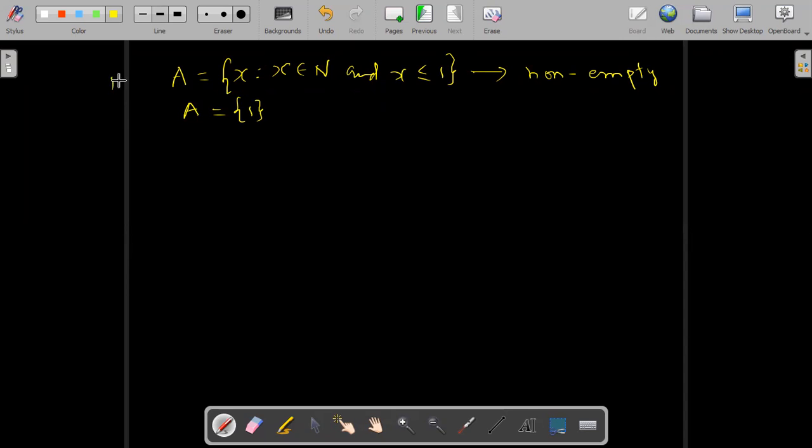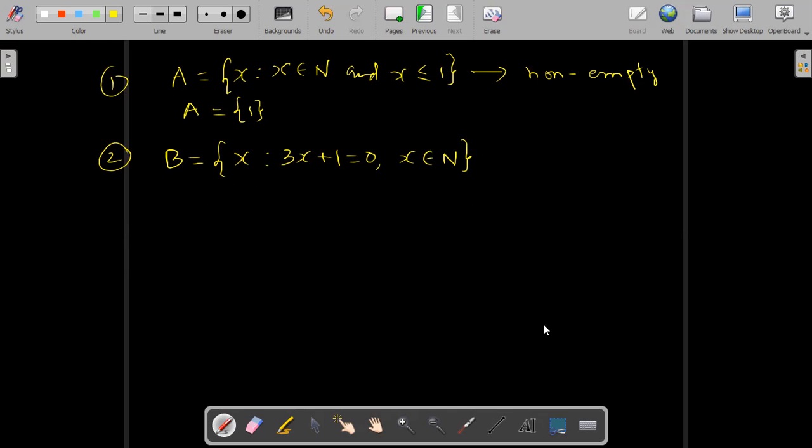Next example, B is the set of all x such that 3x plus 1 is equal to 0 and x belongs to N. Will it contain any element?